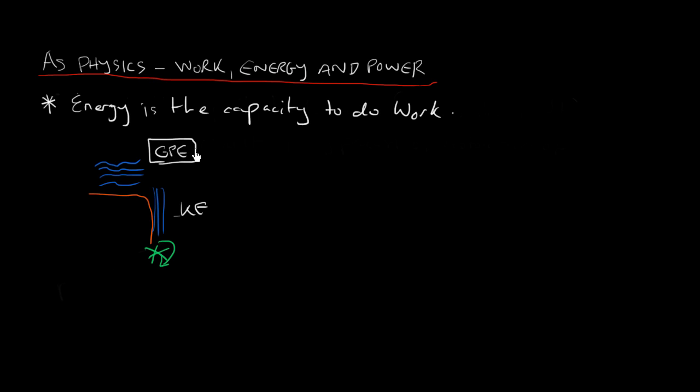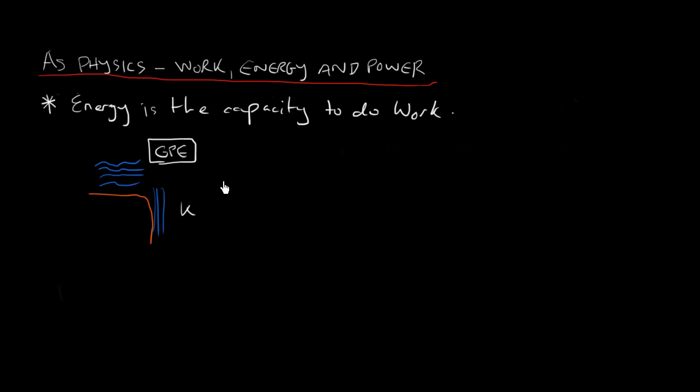So this stored energy up here is the capacity for it to do work, and work is really defined as the force applied over a certain amount of distance, and its unit is joules. It's a type of energy, but we'll talk about that in more detail later. I just wanted to give you a sense for the idea behind this definition.